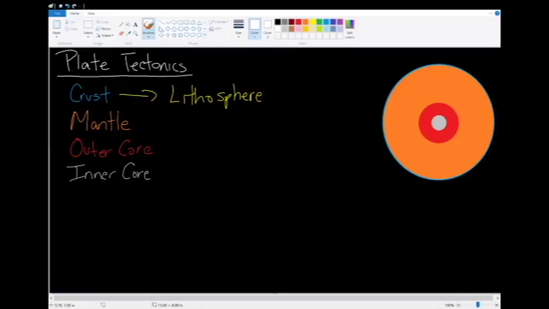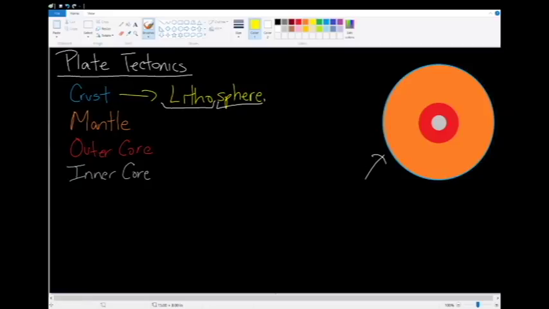So the lithosphere comes from two parts: litho, which means rock, and sphere, which, well, is a sphere. So this is describing the solid part of the Earth. So, in all actuality, the outside of the Earth is technically called the lithosphere.